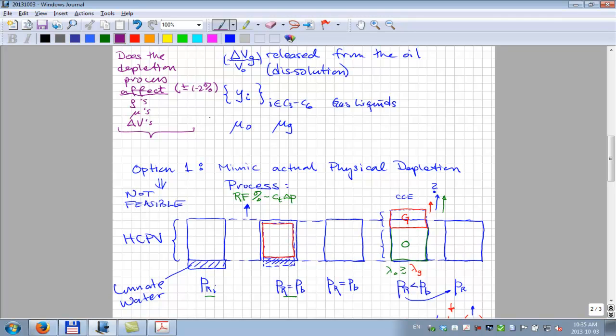And the answer to this question is a conditional no. A conditional no is no in most cases.